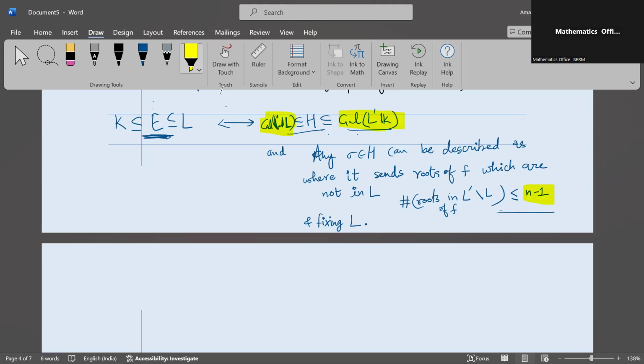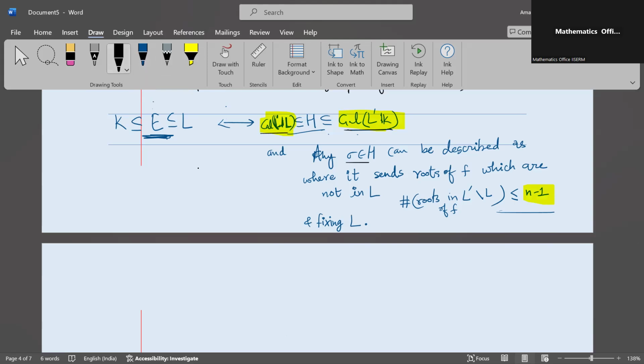Yes, of course. I think I understood it a little bit. So what we are counting is the subgroups between these two groups.